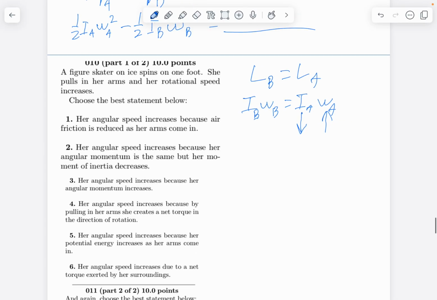And so that one will be choice number 2. There's no air friction, so it doesn't really do anything. It's not 1. It's not 3 because angular momentum is conserved. It's not 4 because there's no net torque, nothing's pushing on her. It's not 5 because she's not changing any height, so there's no changing potential energy. It's not 6 because there's nothing pushing on her.